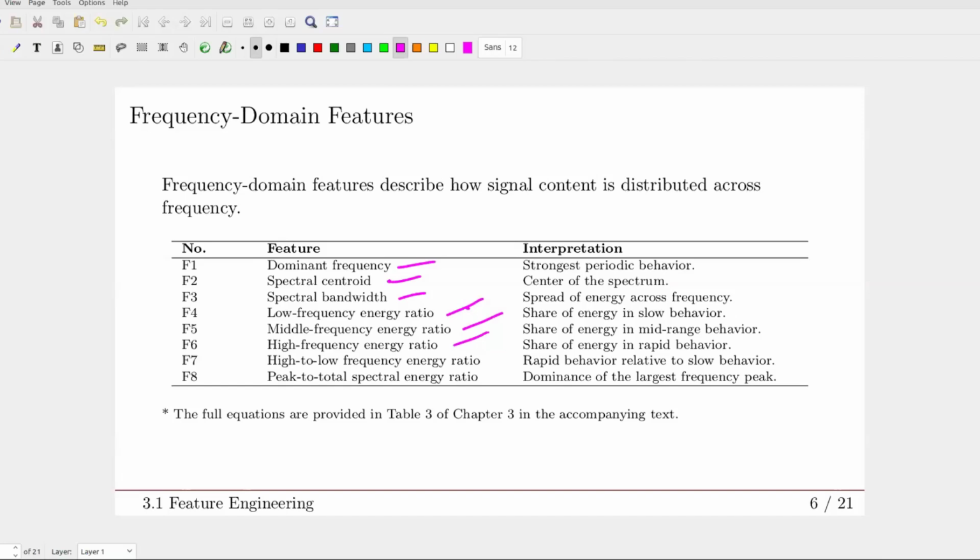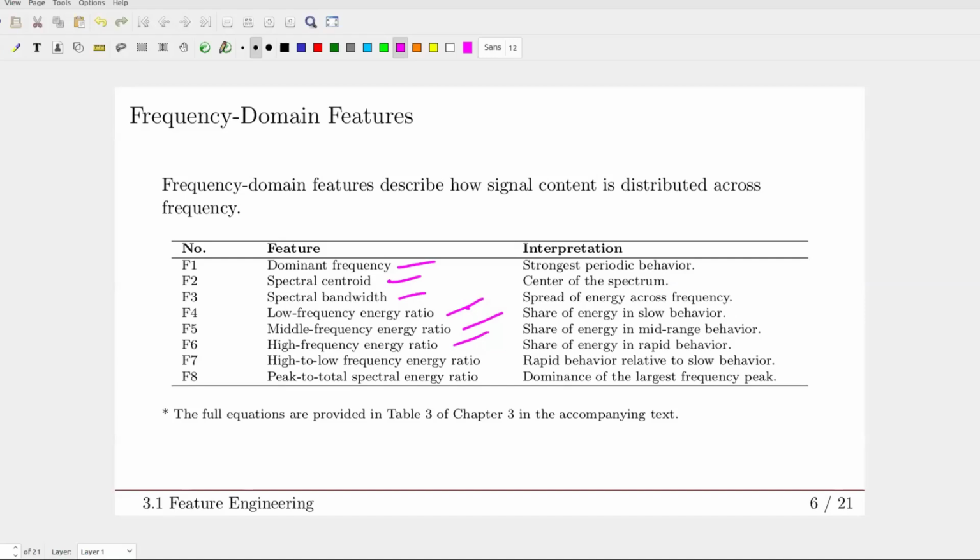And so you have a high frequency component to it. But you're typically going to be interested in probably the first 5 or 10% of your frequency component, and then you would split that into low, medium, high. Don't just take the entire frequency component, because all of your information is going to be in the low amount. So you can move this up and down, but then you can get your frequency ratios.